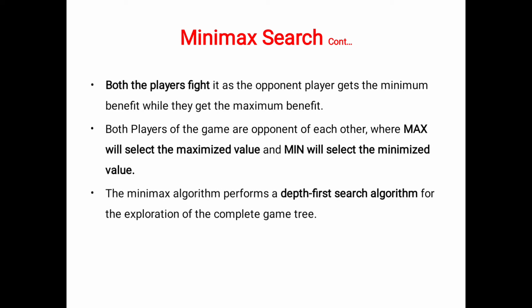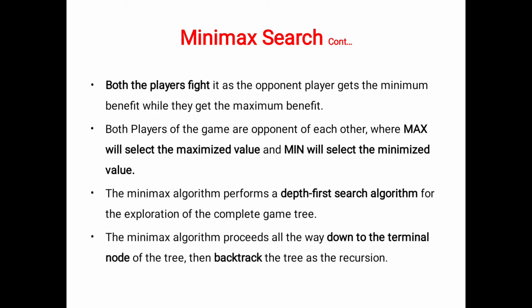Here we are applying the depth first search algorithm data structure. Already we know the meaning of depth first search. In the depth first search algorithm, first we visit the root node, next we move to the left child, then only we move to the right child. Here we apply the same process. The minimax algorithm proceeds all the way down to the terminal nodes of the tree, then backtracks up the tree as the recursion.